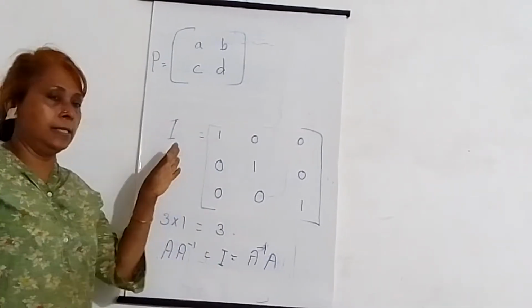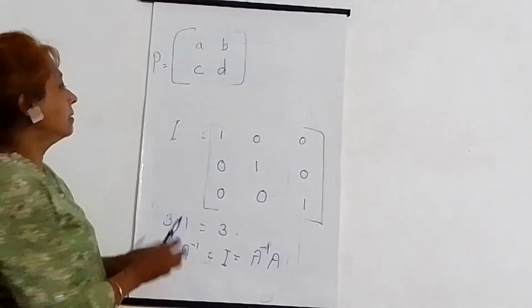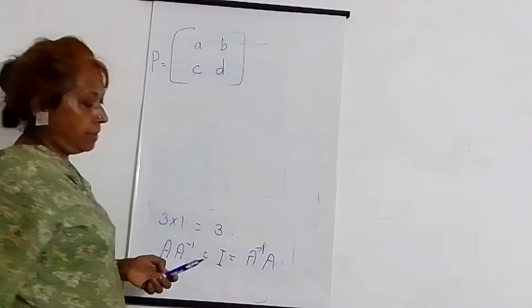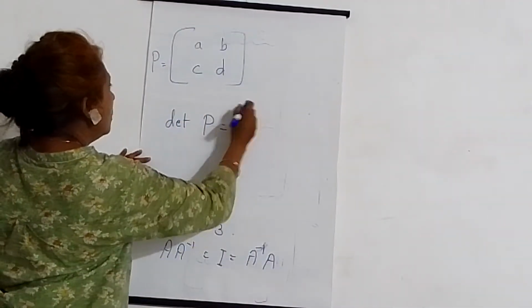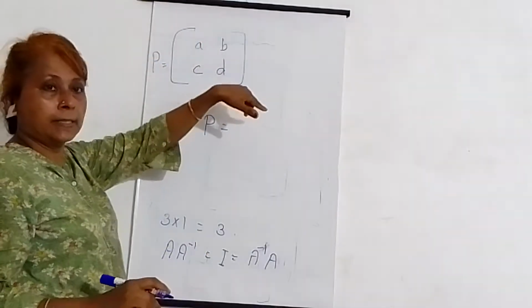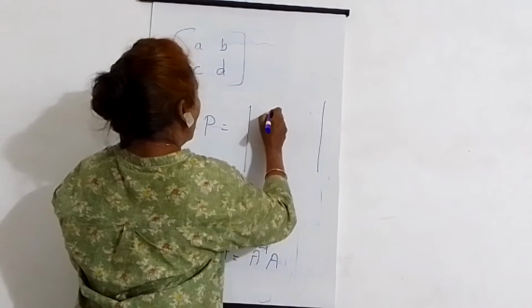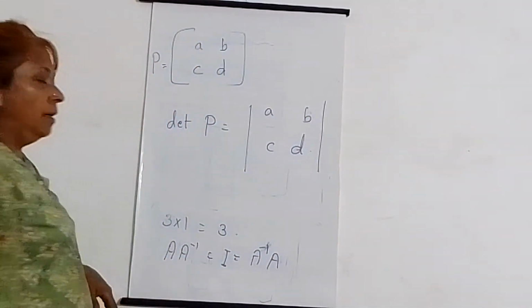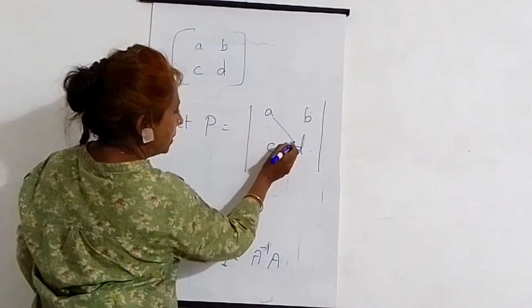If you want to get the value of this matrix, we have to take the determinant. We call it determinant P is equal to, instead of this square bracket, we are just putting 2 lines. This means the determinant, the value A, B, C, D. And here, look, we are going to cross multiply.